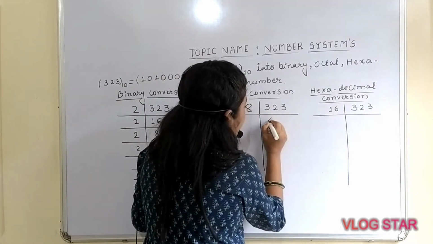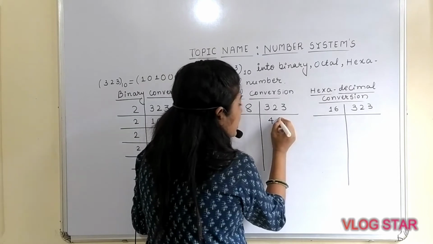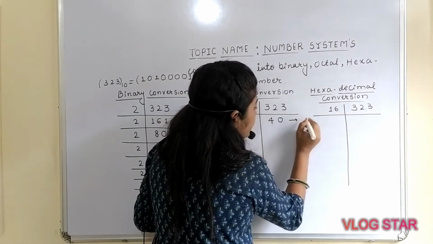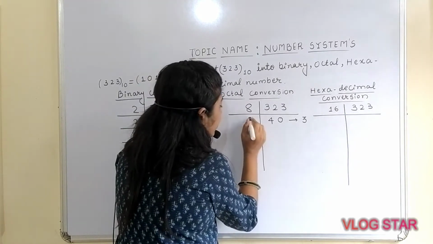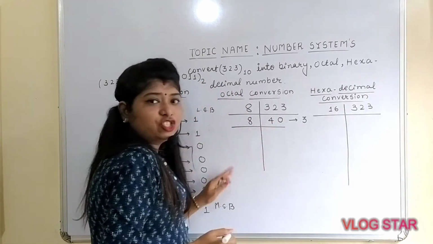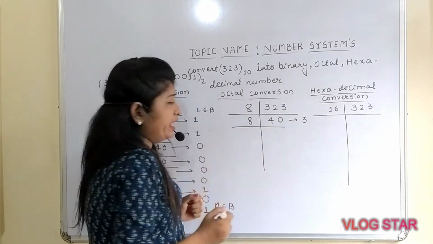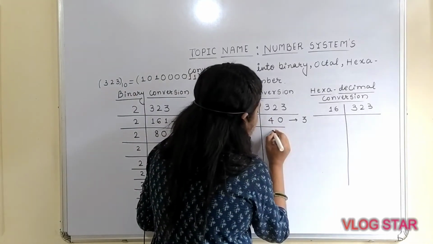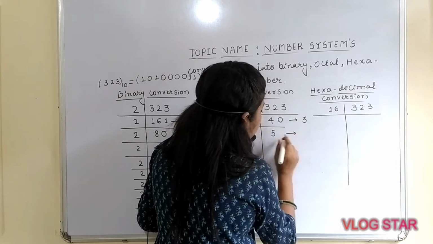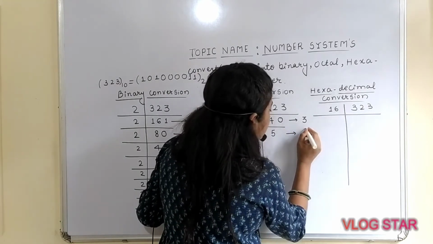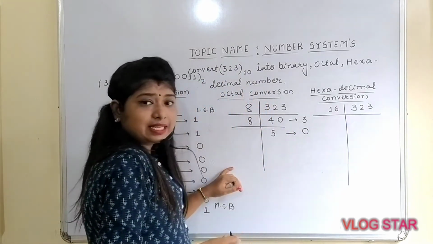Here you will get 4, here you will get 0, and what would be the remainder? 3. Again you have to divide this particular number by 8. After dividing, what you will get? The quotient will be 5, that is 8 5s are 40. So what would be the remainder? Come on, 0. This is correct.